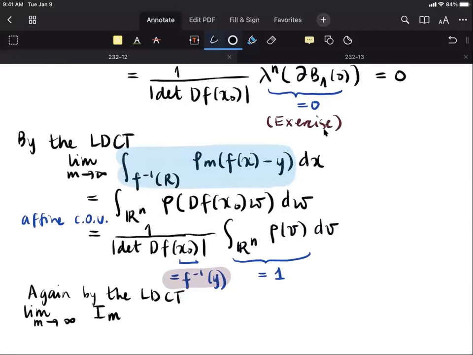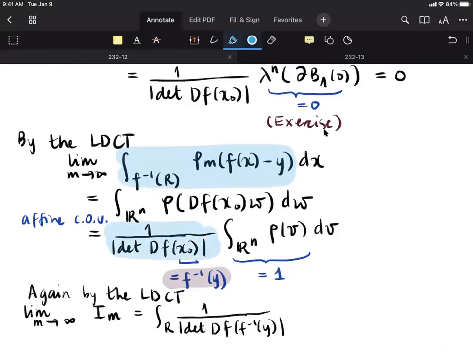So we have calculated here, this is the integral over R of 1 over the determinant of df at f inverse of y. Okay, so that would be precisely this one, since the integral on the right is equal to 1.